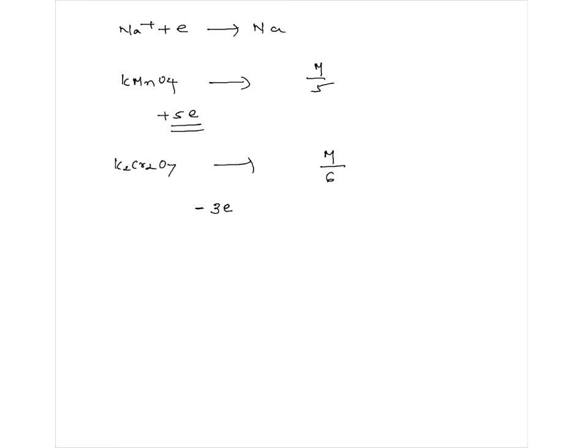Are there 6? Whatever. Total electron transfer. If 6 electrons are transferred, then equivalent weight of K2Cr2O7 will be m by 6.